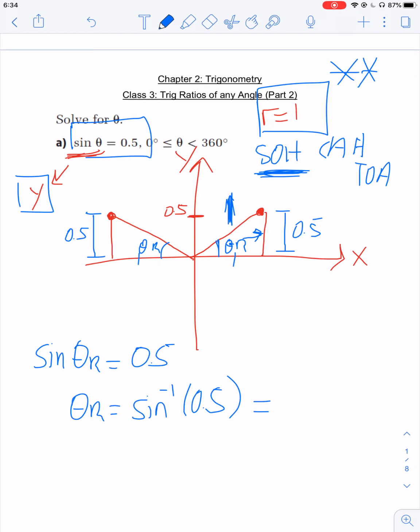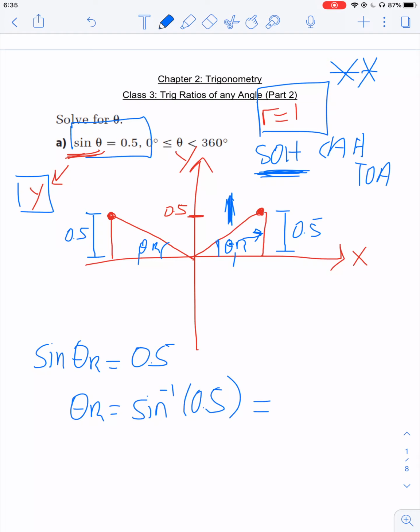So if you use the second function and click on sine, you will get sine inverse, and then just put 0.5, close the bracket, and that will give you, okay, so I am not getting what I'm supposed to be getting because my calculator is in radian mode. So click on mode, and then it's the second one, right? So change the radian to degree, and then click enter, and then I guess clear this. So let's try this one more time.